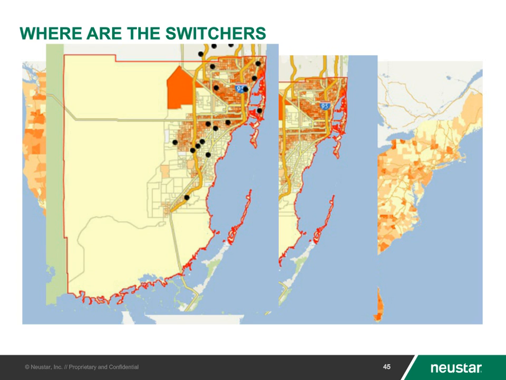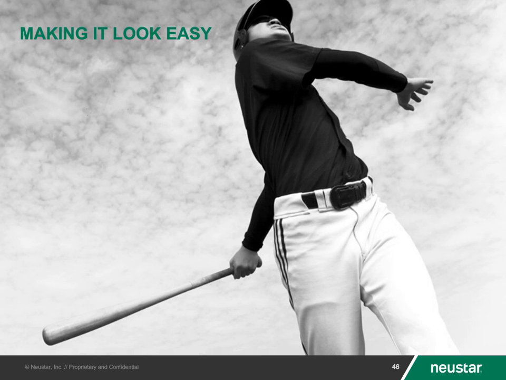So syncing information together and being able to derive the right information is core to what is relevant here. And that all goes back to our base philosophy of making it look easy. There's a lot of complex analytics that go into creating a successful omni-channel segmentation solution that can really support all this.